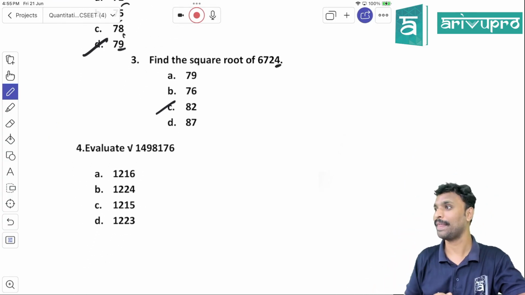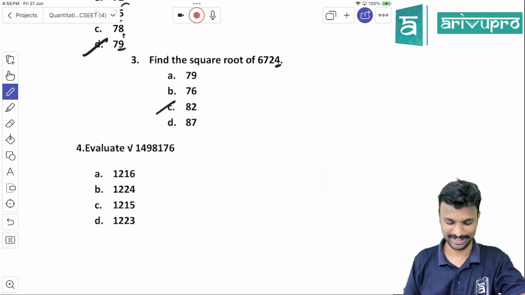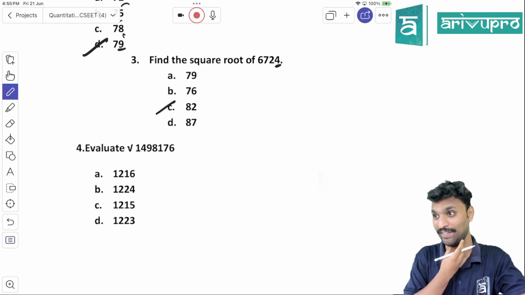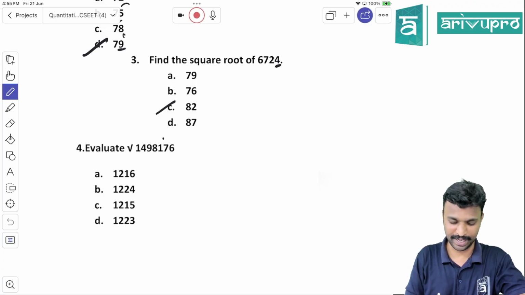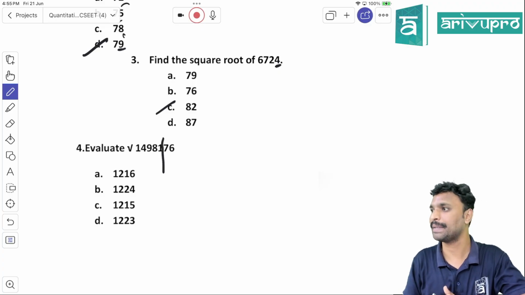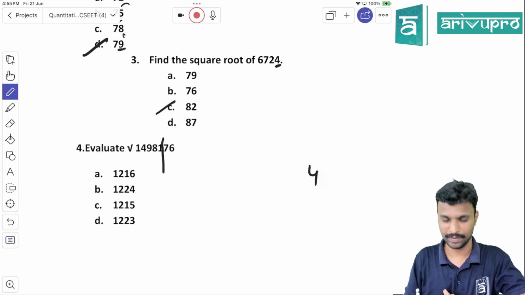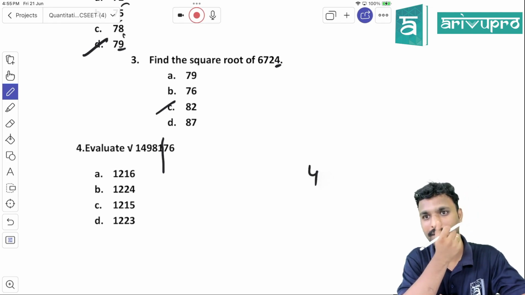Now tell me. Even if you square 4 also, you get the same units digit. Which two digits do we have to separate? These two.